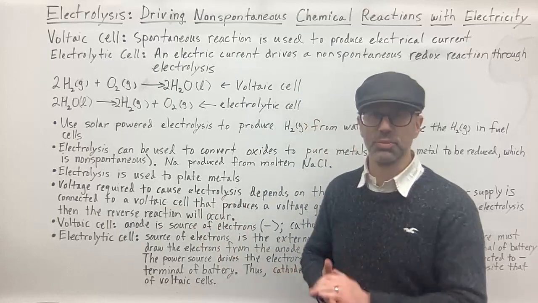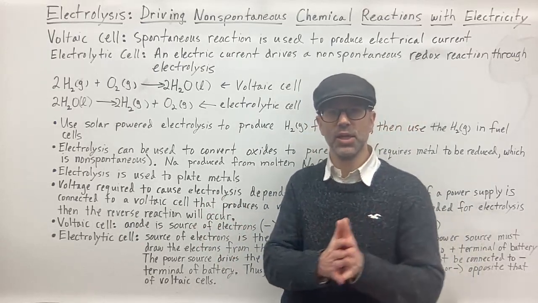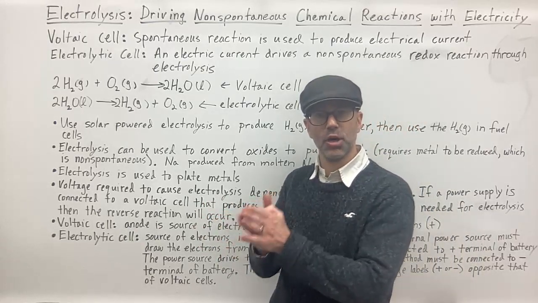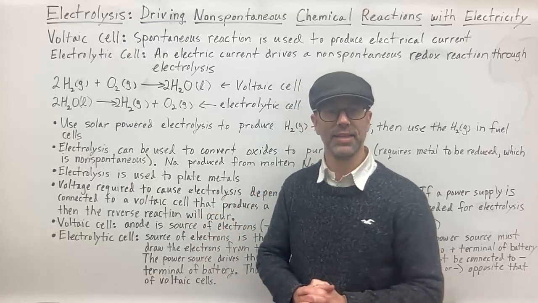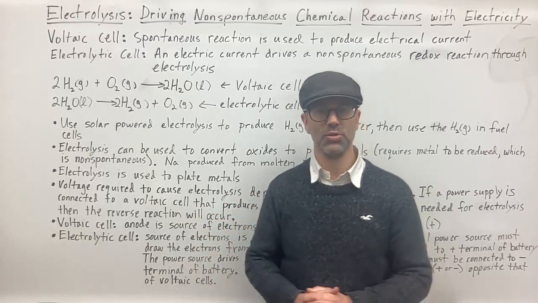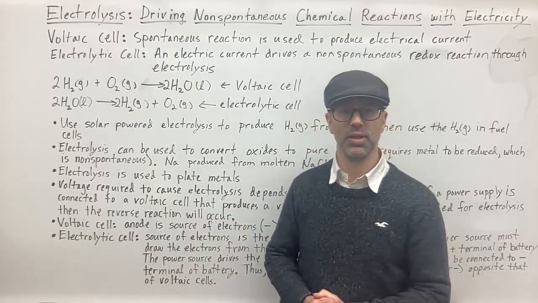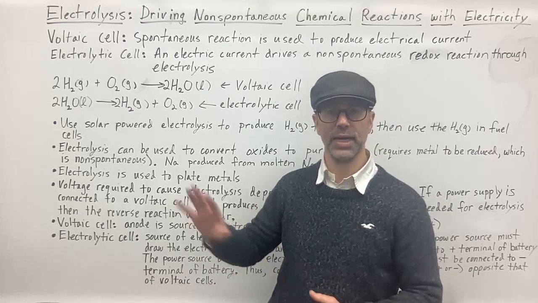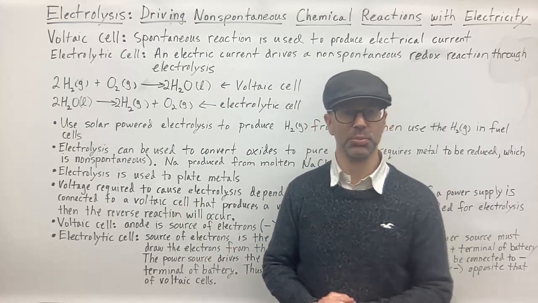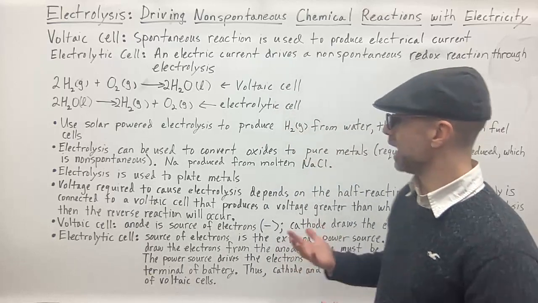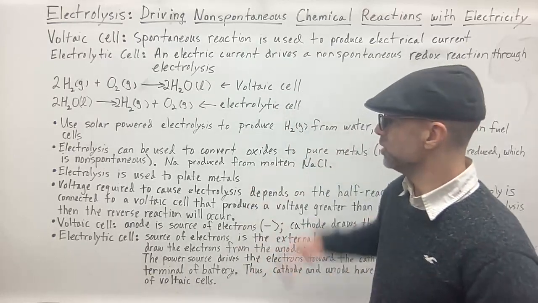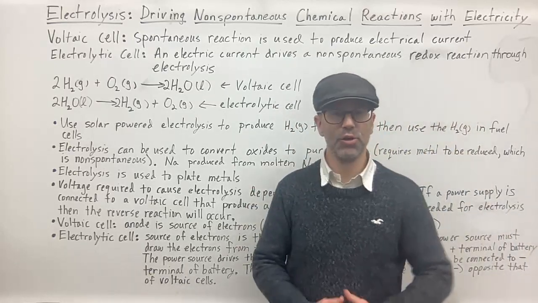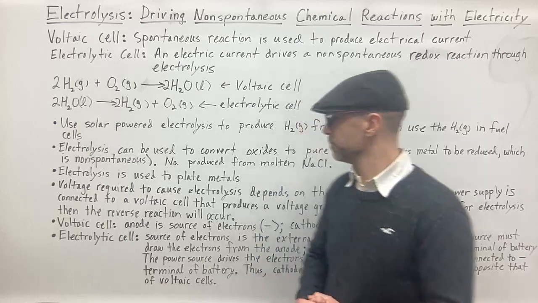And then those silver ions can be converted back to silver atoms at the cathode by being reduced. So they gain those electrons, and then they plate onto the object that you want to plate. So again, you're going to need the outside source to do that. So those are a few examples of how you can use electrolytic cells.